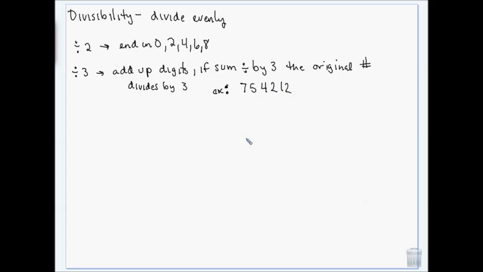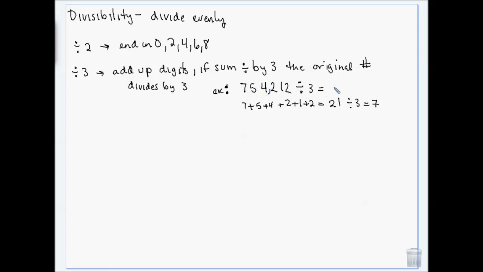Okay, big long number, right? And I want to know, will this divide by 3? Well, if I add them up, I get 7 plus 5 plus 4 plus 2 plus 1 plus 2. So that's 12, 16, 17, 18, 19, 20, 21. 21 divides by 3. So this whole number will divide by 3.